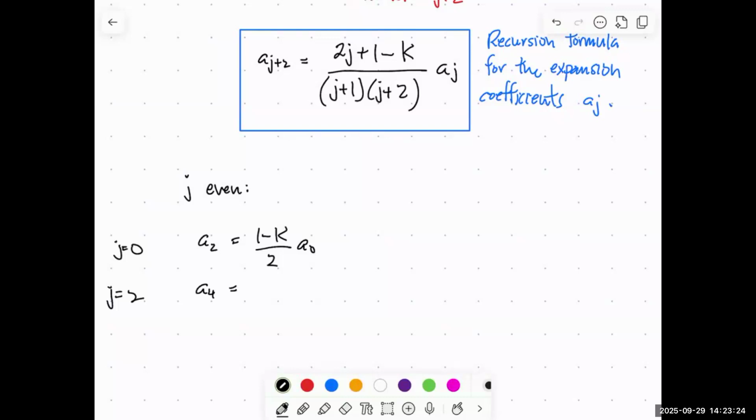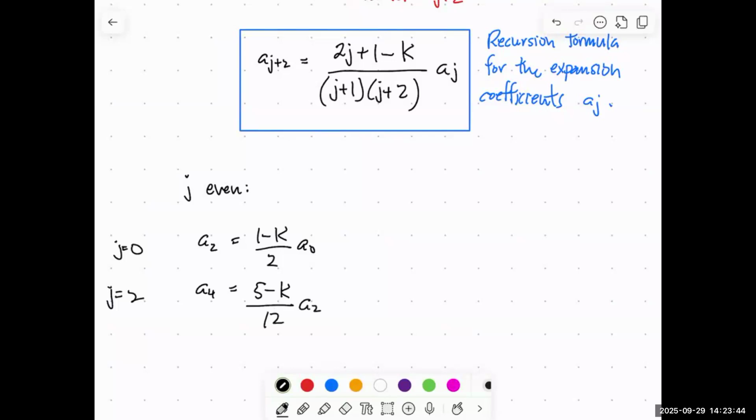I'd get 4 plus 1 minus k, so 5 minus k, divided by 3 times 4, which is 12, and that's a_4 in terms of a_2.